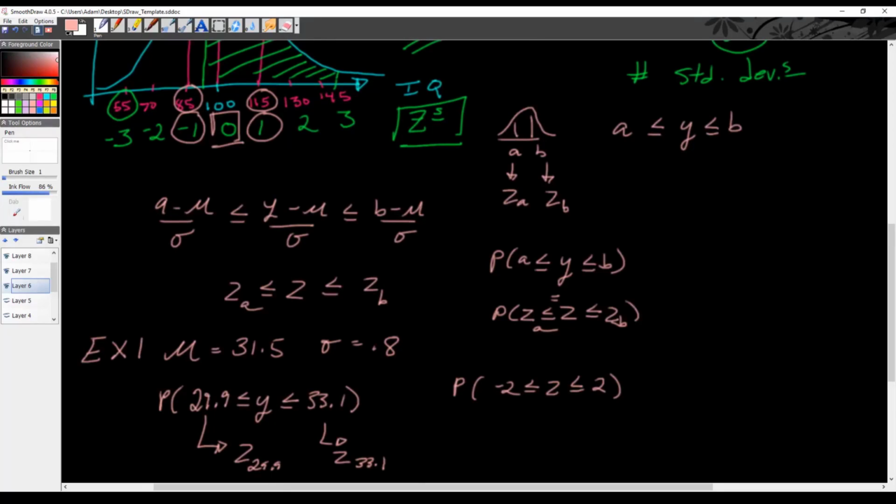So the probability that I get a value in between 29.9 and 33.1 is 95.44%. Let's do this in Stata.